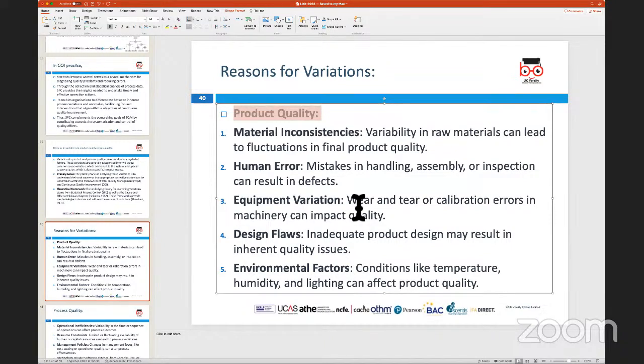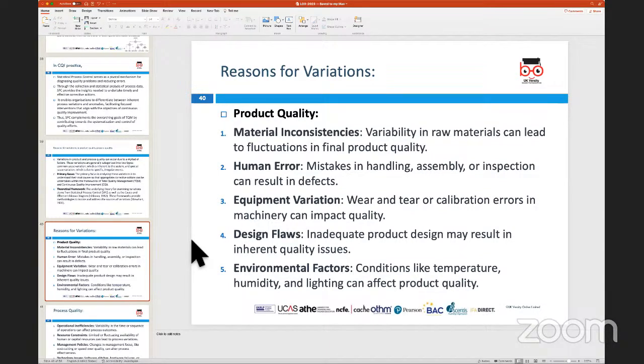You could have design flaws, which could be how the instructions are fed into the machine, or how the control charts have been created to let these machines run, and then the input is being put in a certain way wherein it is leading to design flaws, or inconsistent quality across the products being manufactured. And in some cases, it could be environmental factors, for example, temperature, humidity, lighting, and they could also affect product quality.